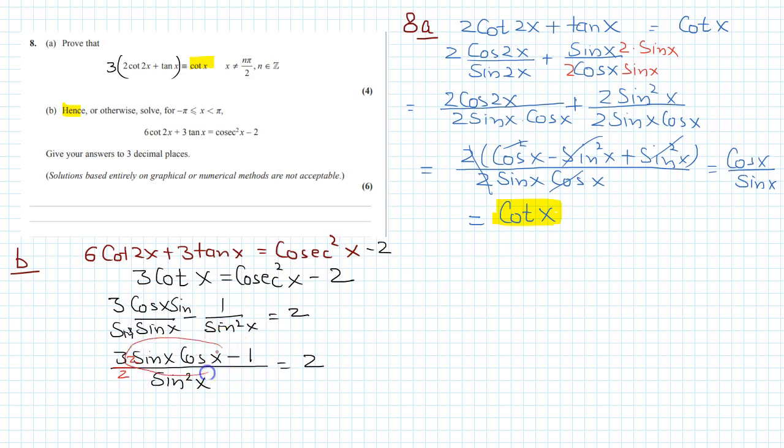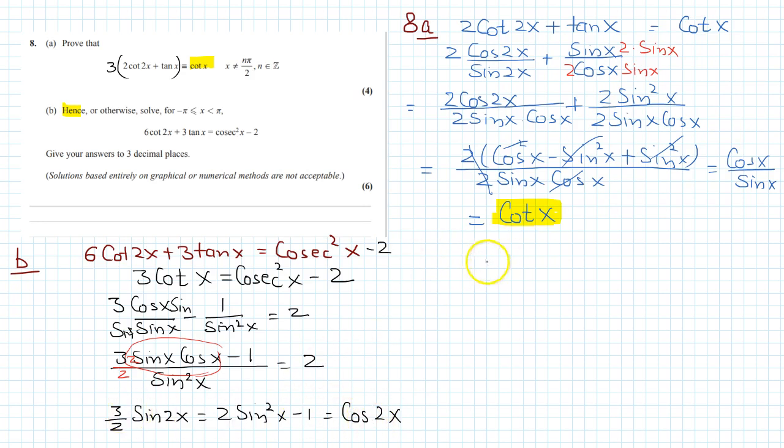So this will be 3 over 2 sin 2x is equal to 2 sin square x minus 1, and this is cos 2x.